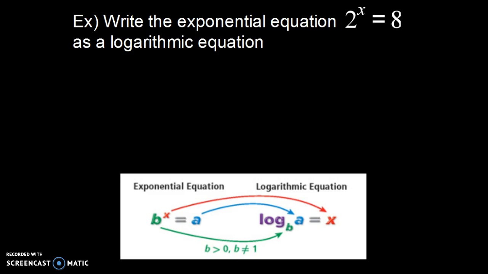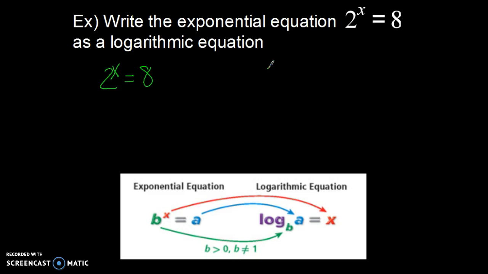So we go back to that equation we had, 2 to the x equals 8, and we try to write it as a logarithmic equation. Here's our exponential equation again. We're going to write it as a logarithmic equation. Well, we know our base, b, is 2, because we can look at the exponential part of this and say that our base is 2.